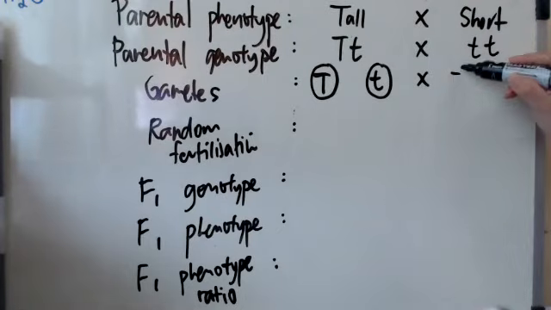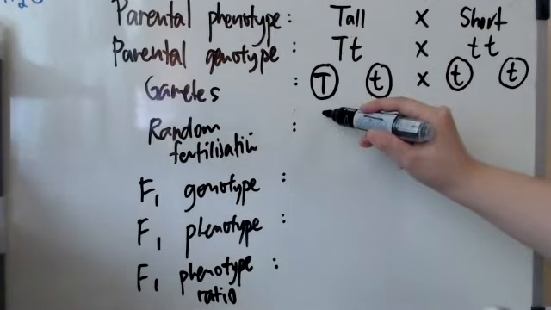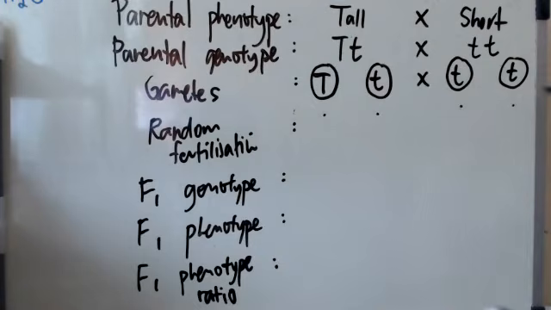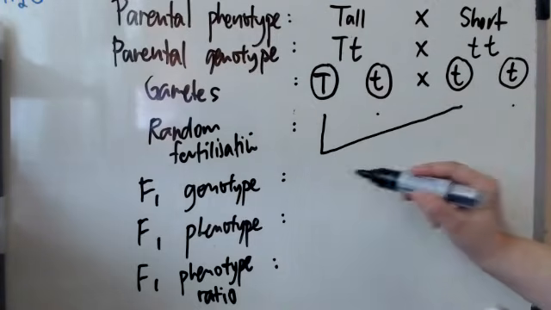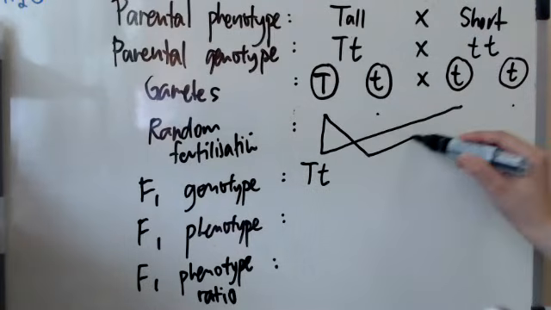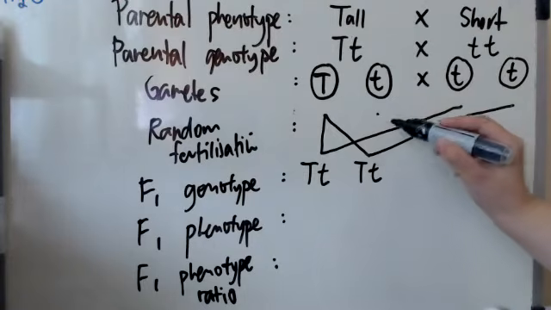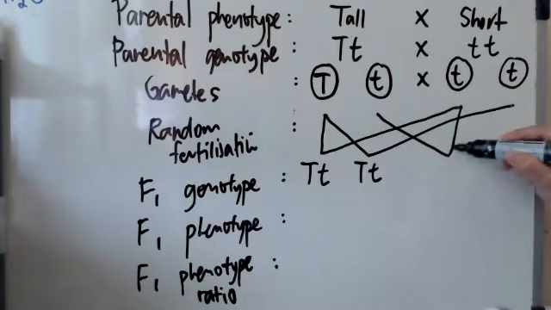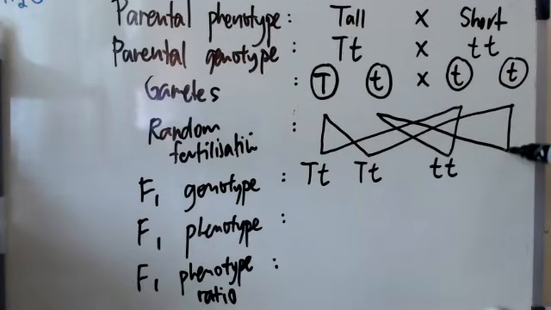You split into 2, there will be 1 small t split here. This is also small t. Okay, then you write 4 dots below the gametes. First gamete crosses with the first gamete, you end up with capital T, small t. First gamete pairs up with the second gamete, capital T, small t. Second gamete, first gamete, small t, small t, and you have second gamete with second gamete, small t and small t.